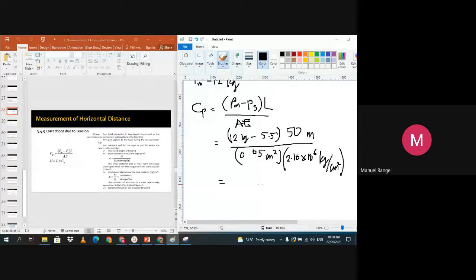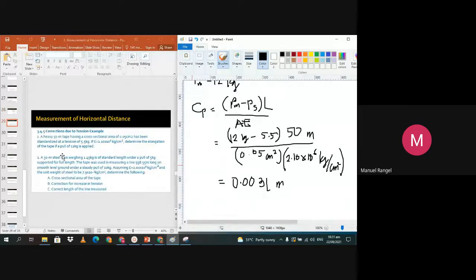So that is equal to 0.0031 meters. So that is the elongation of the tape if a pull of 12 kilogram is applied.